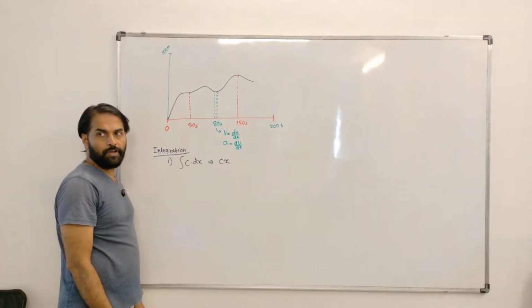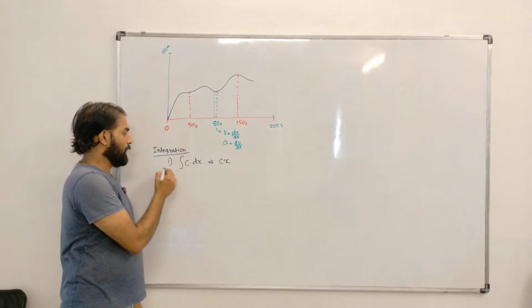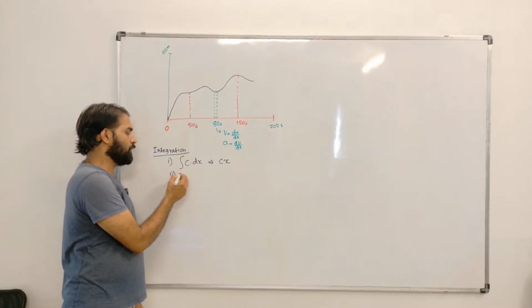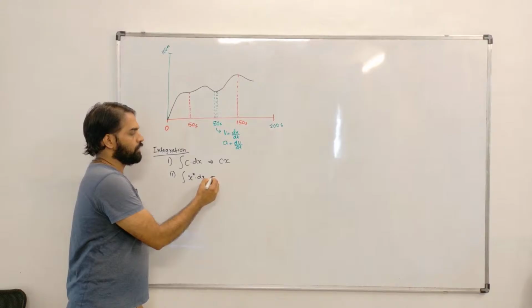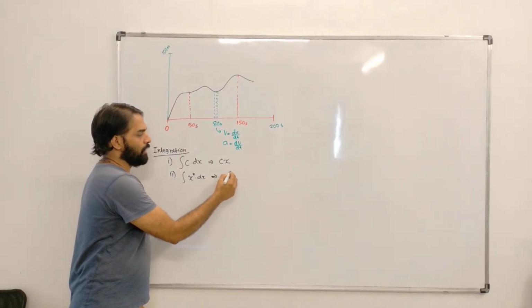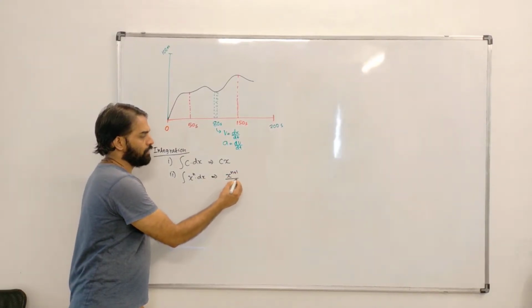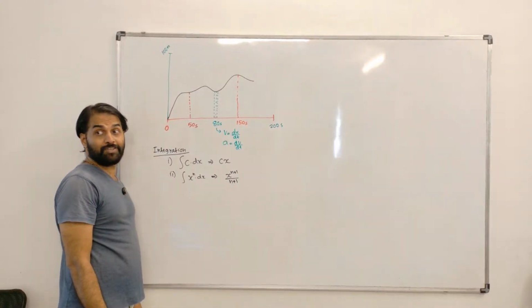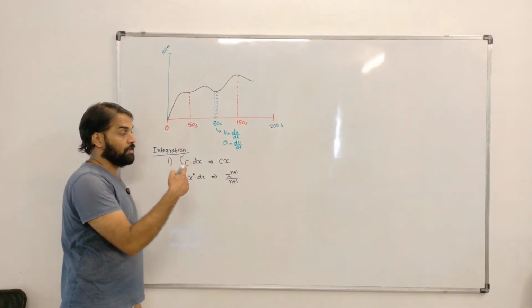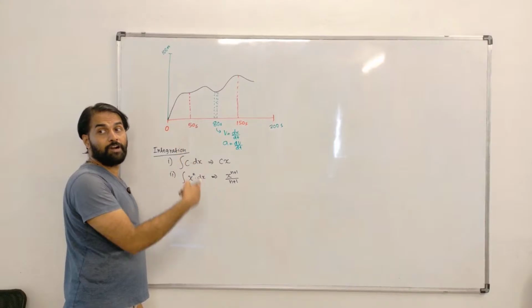Then the second rule, the integral of x to the power n dx, is x to the power n plus 1 divided by n plus 1. In differentiation it was n x raised to n minus 1, but here it is x to the power n plus 1 divided by n plus 1.